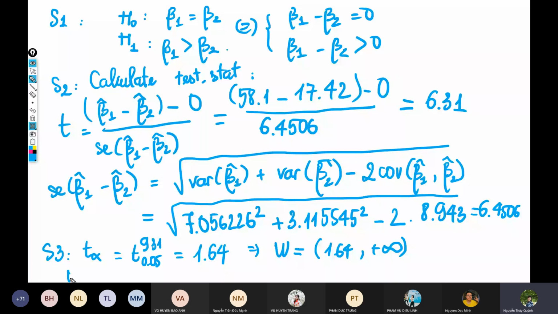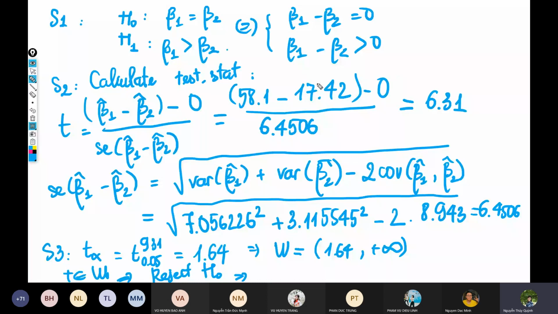We can conclude that beta 1 is statistically greater than beta 2, or we can say that the effect of education on wage is greater than the effect of experience on wage, at the 5% level of significance. That is how we compare the equality of two regression coefficients.